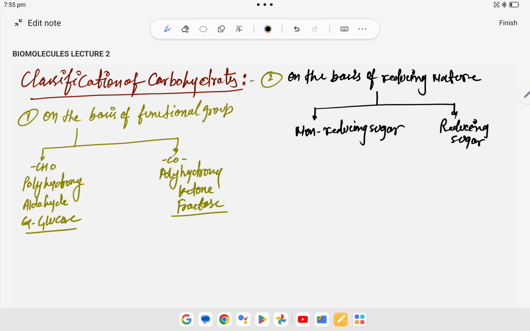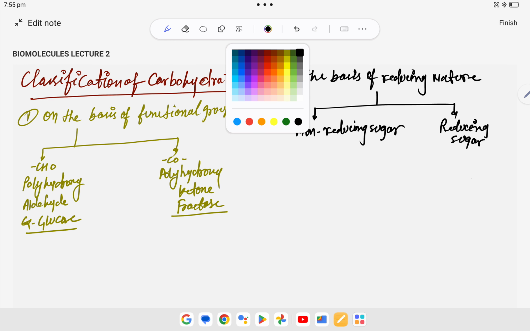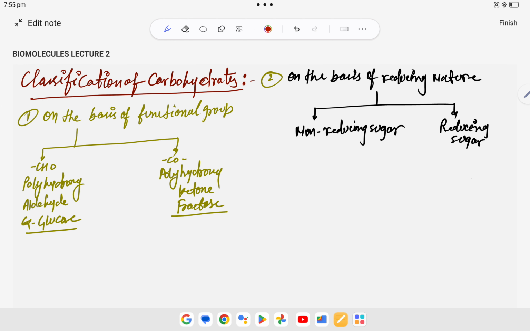Okay, what is the meaning of non-reducing and reducing? Tollens and Fehling reagent. We are talking about Tollens and Fehling reagent.